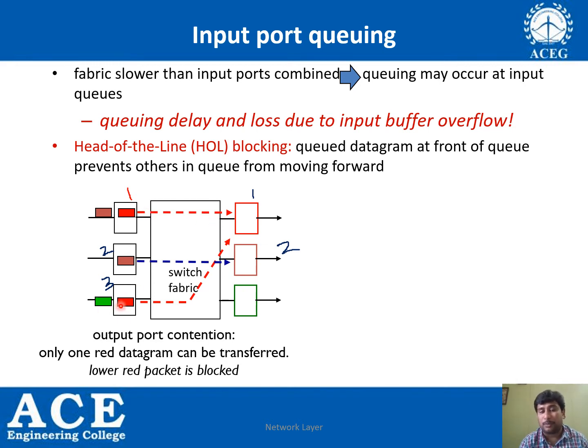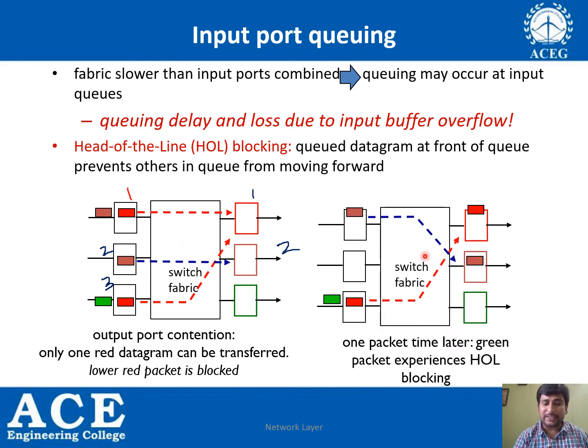This blocking of a datagram from one input port because of another datagram ahead of it in the queue is called head of line blocking. This is one scenario: output port contention, where only one red datagram can be transferred and the lower red packet is blocked until the first datagram is transmitted.